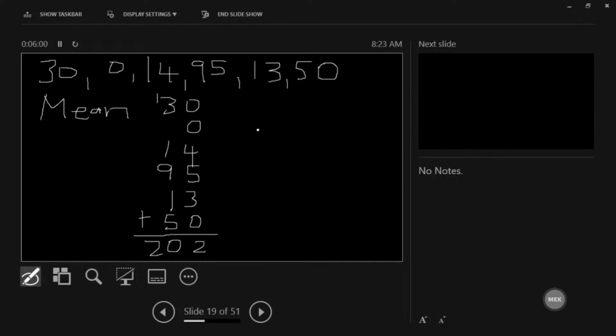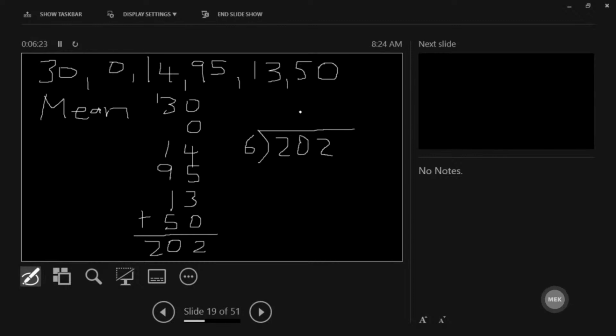So now we're going to divide that by 6 because it's 6 numbers. Remember, 0 is a number. So we can't say it's 5 numbers just because 0 means nothing. It is one of the numbers, so it's 6 numbers.